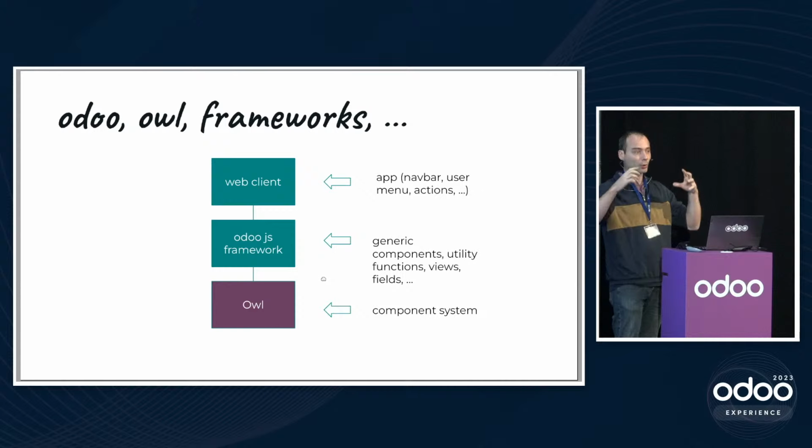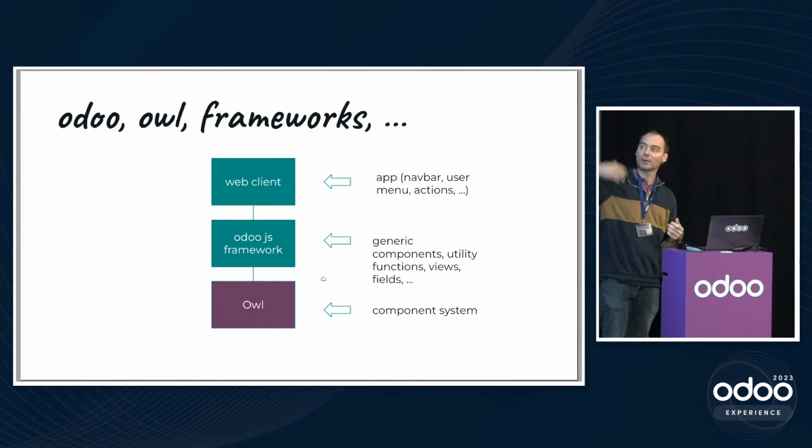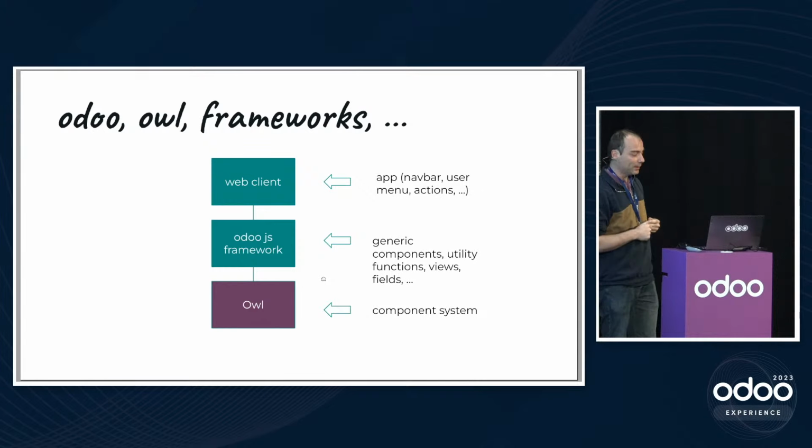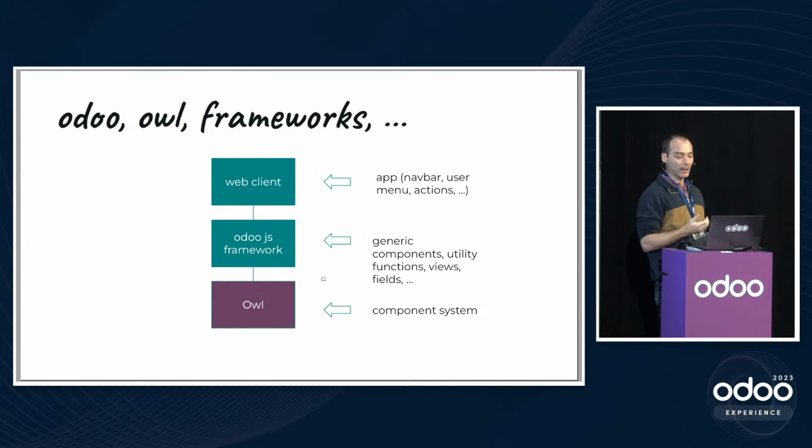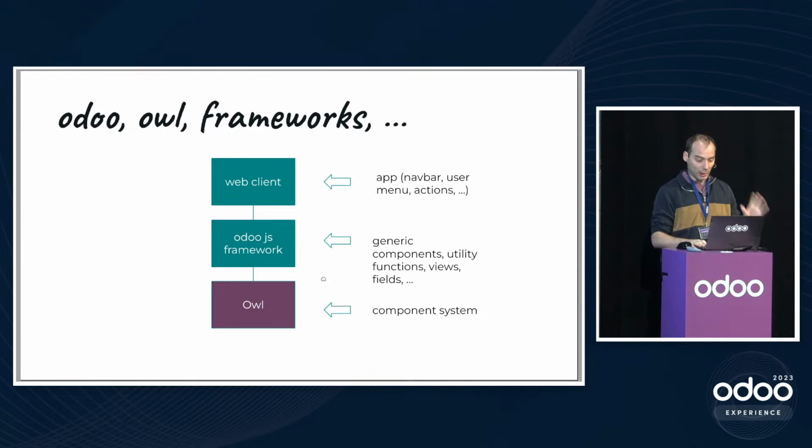And that's what the rest of the business logic code is using. And then on top of that, you have the web client application, which is really the nav bar, the main menu, a lot of features to look at the Odoo database. Okay, so that's what OWL is. It's really the underlying framework.